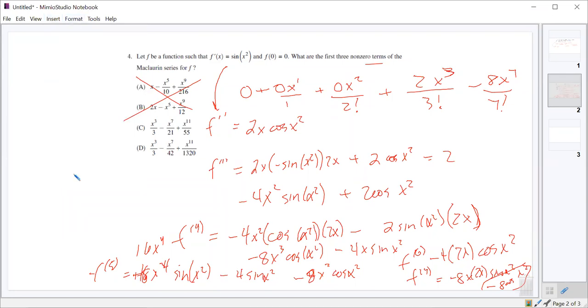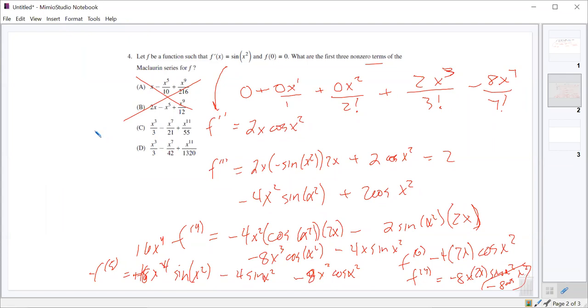I don't offhand see another way to do that without taking all those derivatives. I don't know if this is dumb or if I'm missing something, but could you, oh wait, f prime of x is, oh, I thought you could maybe do the Maclaurin series for sine and then plug in x squared, but I guess you can't do that.